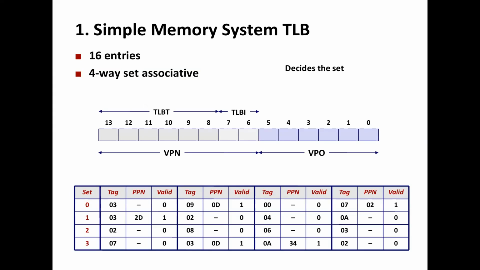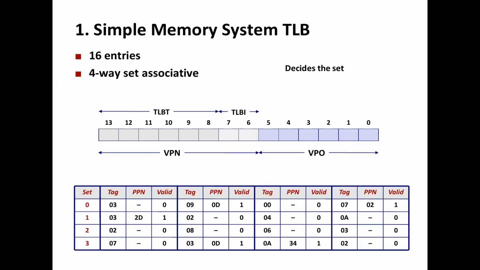So let's say we have a TLB with 16 entries. What does four-way set associative mean? If you have 16 entries, and let's say the TLB index is a 2-bit number, remember that the TLB index is a part of your virtual page number. You split your virtual page number into two components, TLB index and TLB tag.